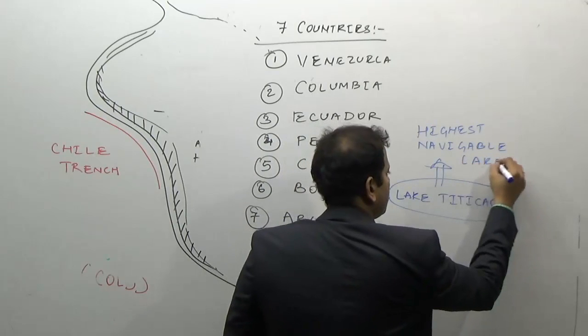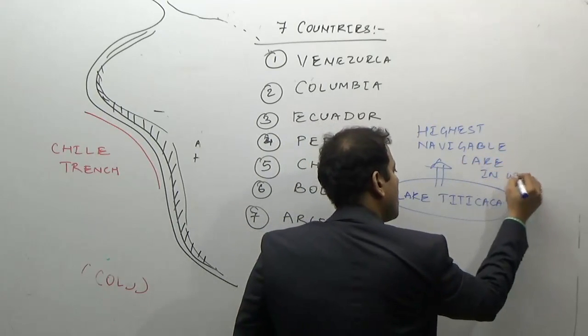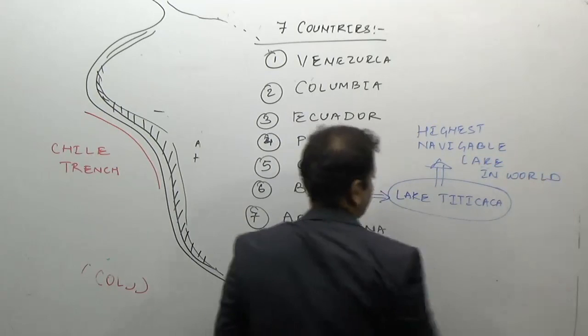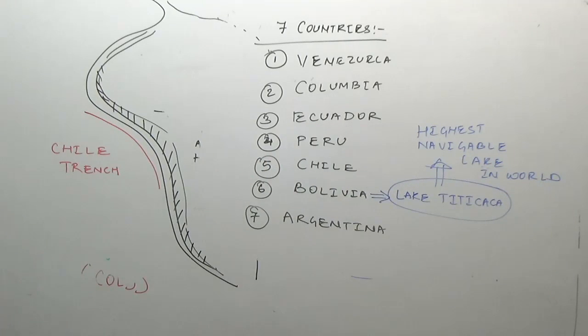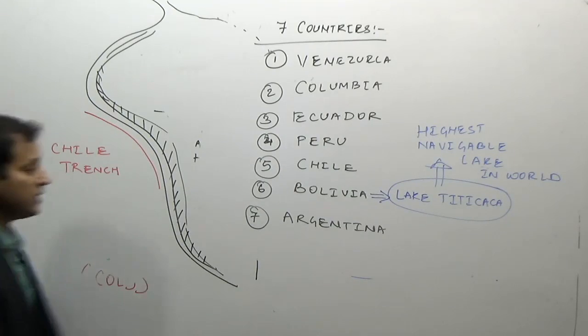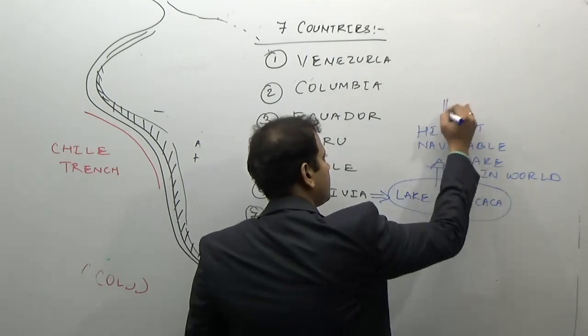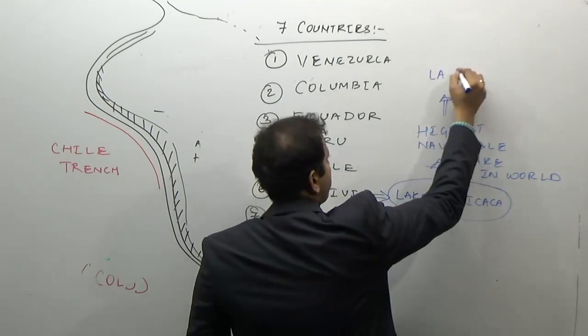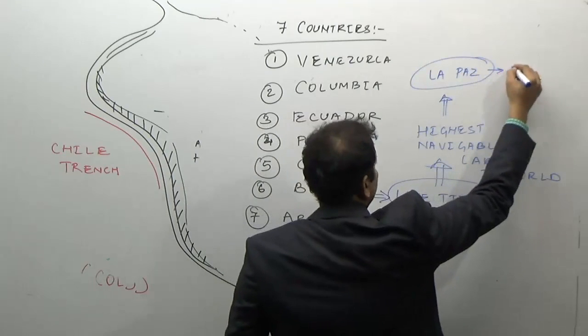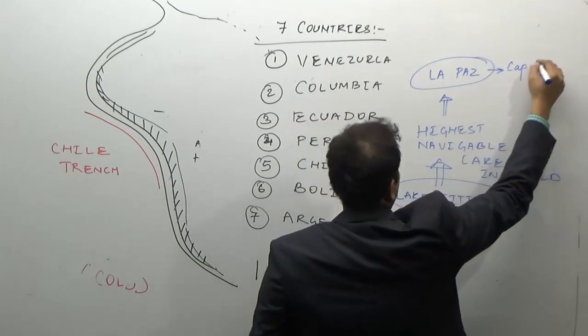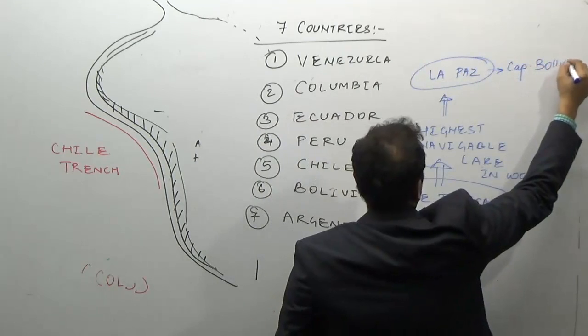Lake Titicaca is the highest navigable lake in the world, and La Paz, the capital of Bolivia, is situated on Lake Titicaca.